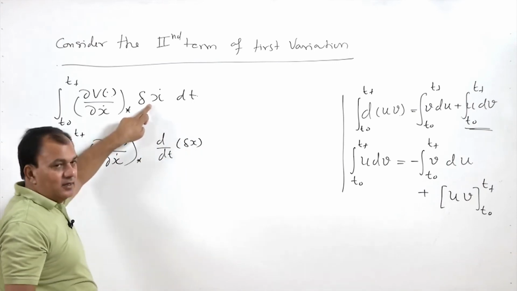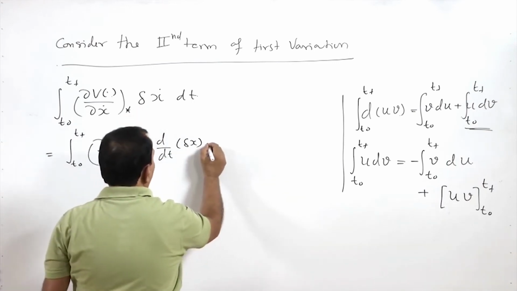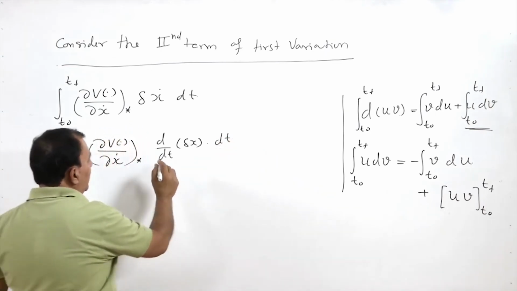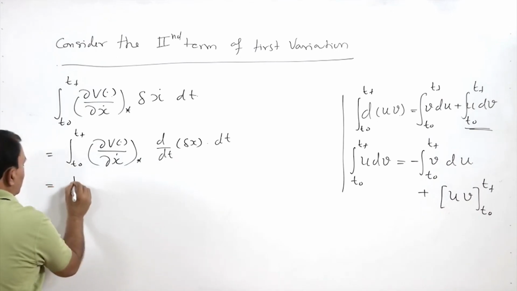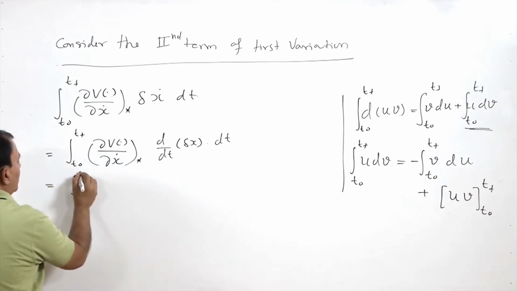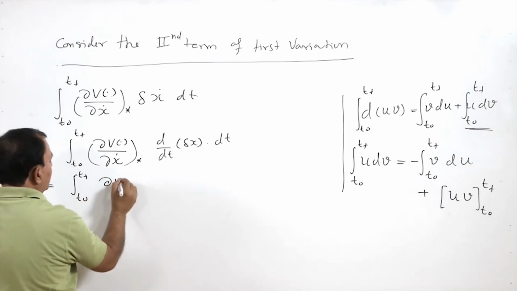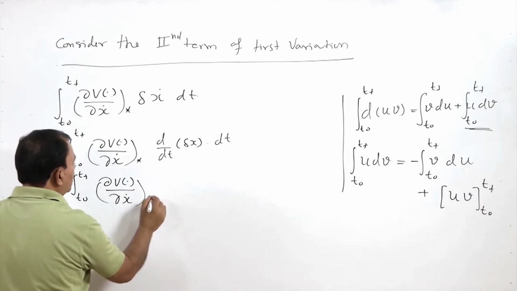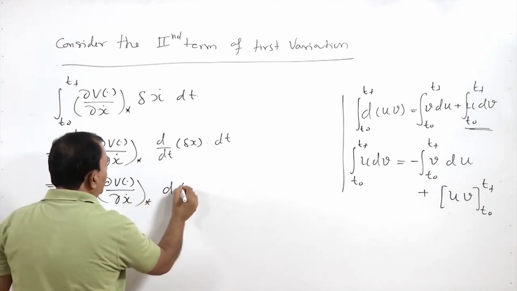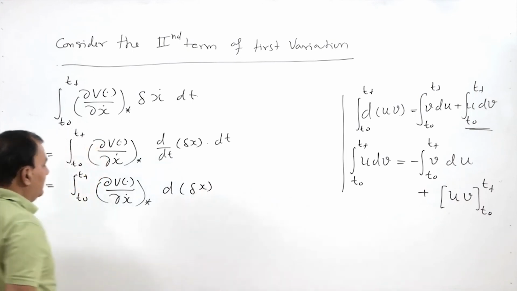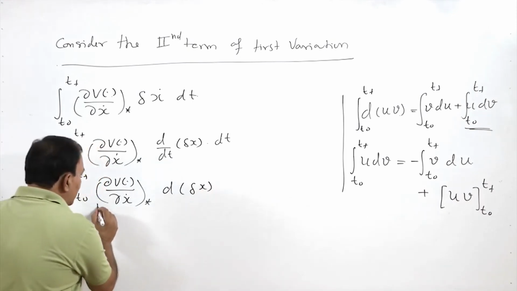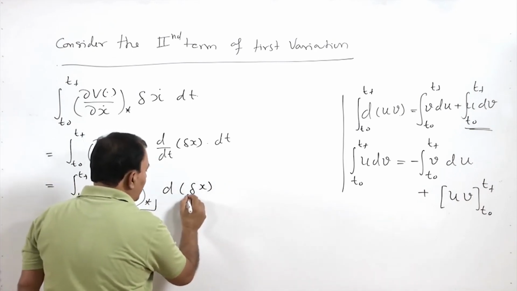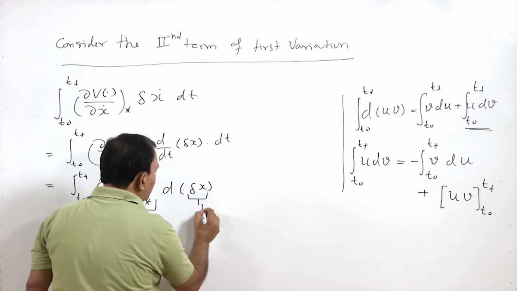So, this gives me delta x dot multiplied with dt, and naturally dt cancels out. So, this is the integral from T0 to Tf of del V by del x dot d delta x. Let us say this is my u, and d of delta x is my dv.